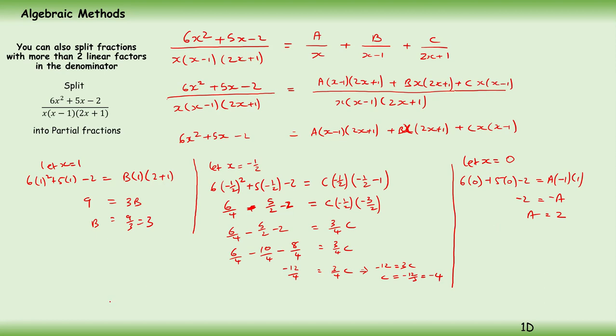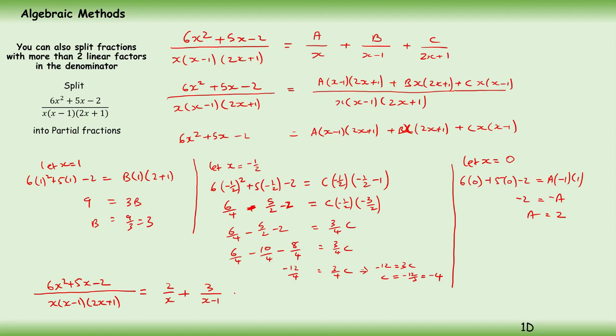So to finish, I need to write this original term using my A, B and C, which I know now. So I can say, let's write it here, 6x squared plus 5x minus 2 all over x times x minus 1 times 2x plus 1 is equal to A, which is 2 over x, B is 3, so plus 3 over x minus 1.